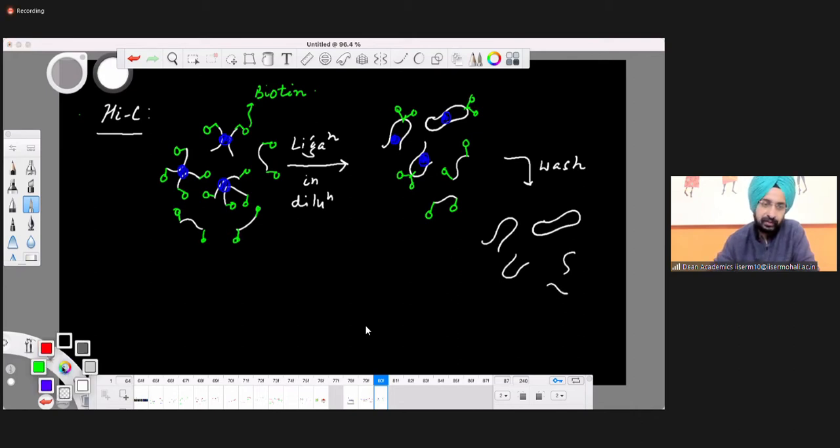The biotin can be washed away. Okay, now you can pull down these fragments using an antibody. We use the antibody against this.